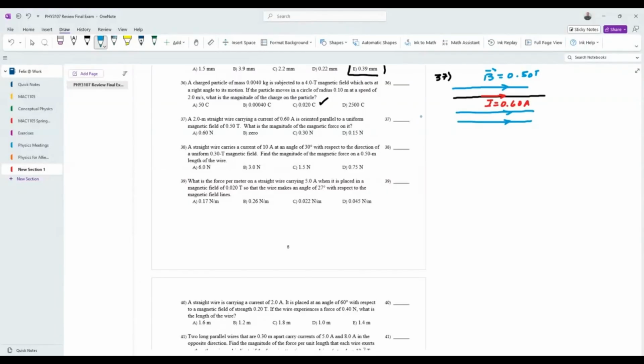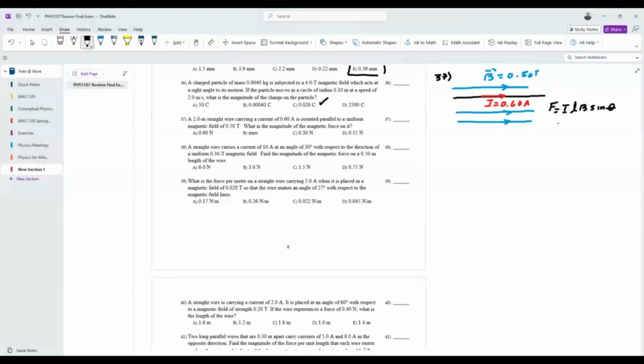Right? Now, what happens? If we want to calculate the force acting on this wire, they ask, what is the magnitude of the magnetic force on this wire? We know that the force would be equal to the current times the length of the wire times the intensity of the magnetic field times the sine of the angle theta. That is the angle between the direction of the current and the field.